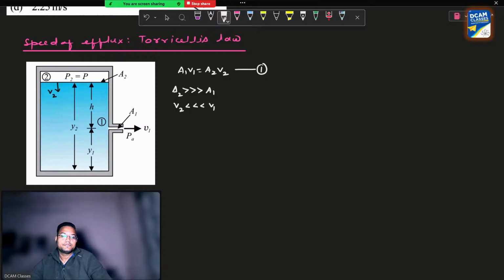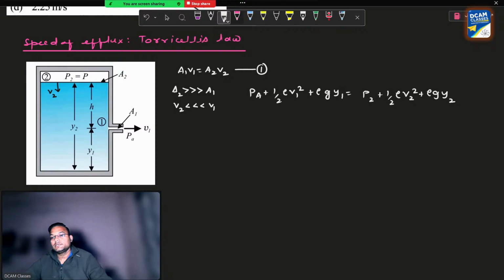Between points 2 and 1, I'll write: PA plus half rho V1 square plus rho G Y1 is equal to P2 plus half rho V2 square plus rho G Y2. This is our Bernoulli's theorem.